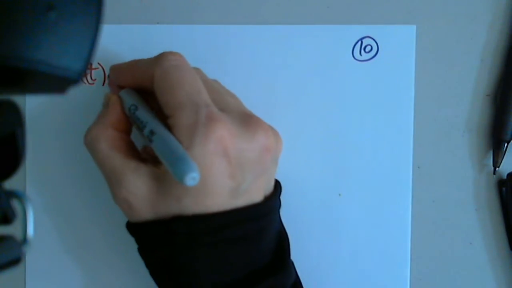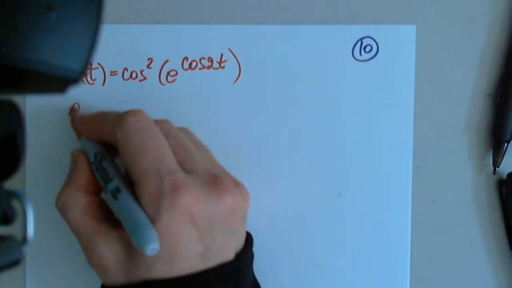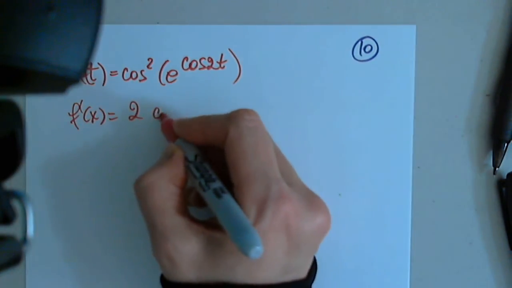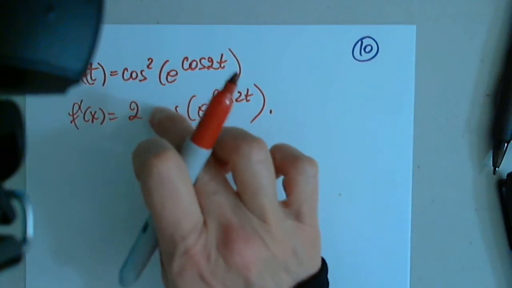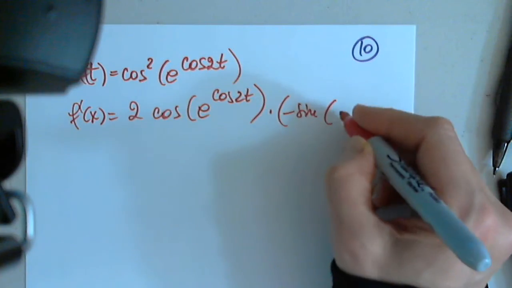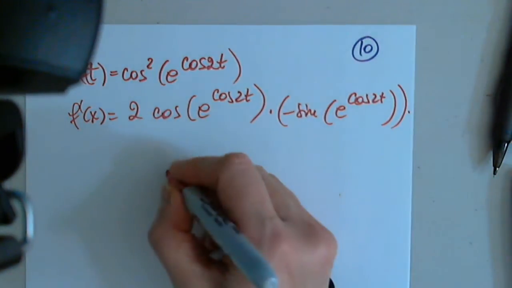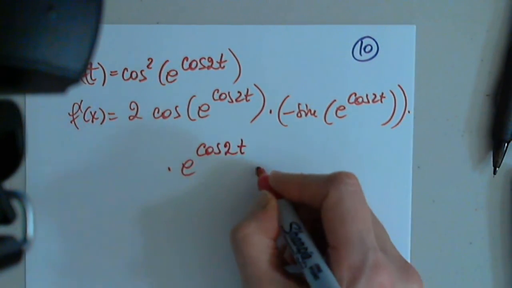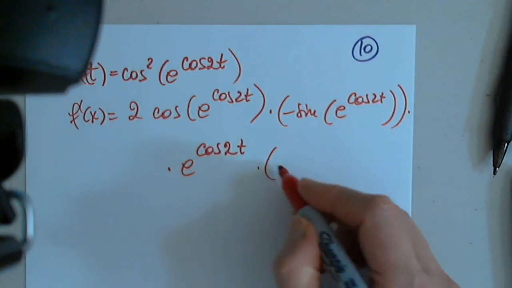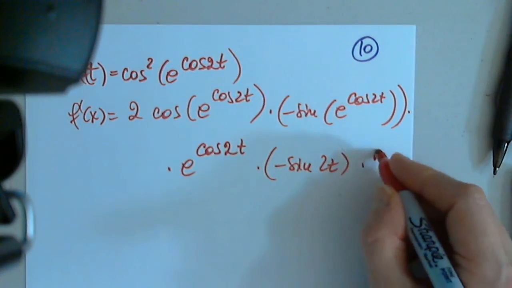The cosine squared? Yes, please. Very good. f of t equals cosine squared of e to the cosine 2t. Okay, very good. So f prime is 2 cosine of e to the cosine 2t times the inner function prime: negative sine of e to the cosine 2t times the inner function prime, e to the cosine 2t times the inner function prime, negative sine 2t times the inner function prime, 2.